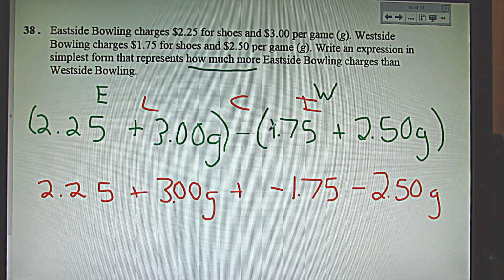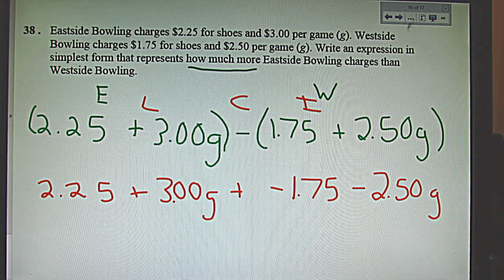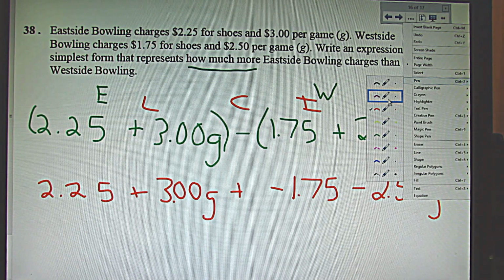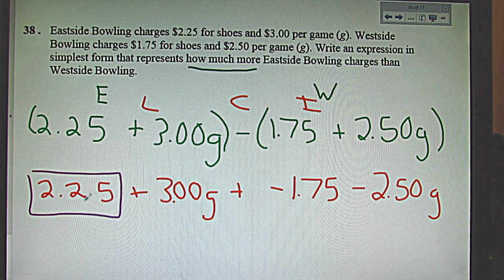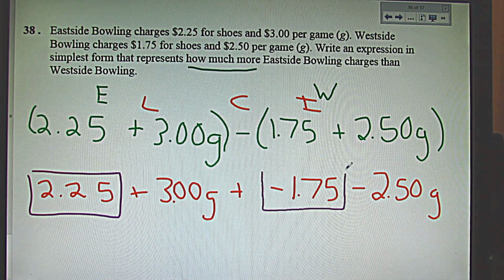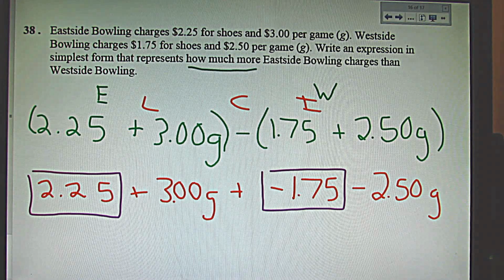Again, positive 1.75, negative 1.75. Positive 2.50, negative 2.50. Alright, now go right into the like terms. 2.25 is a constant all by itself. Negative 1.75 is also a constant all by itself.